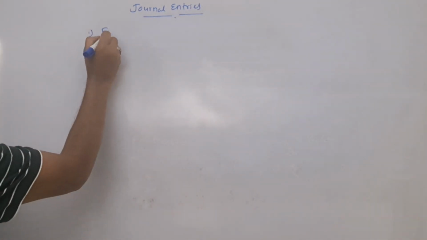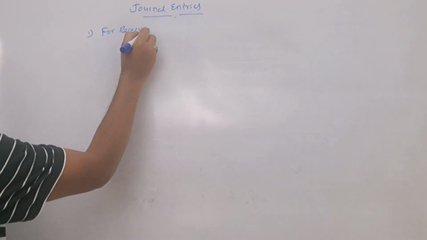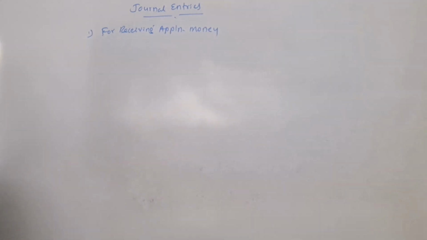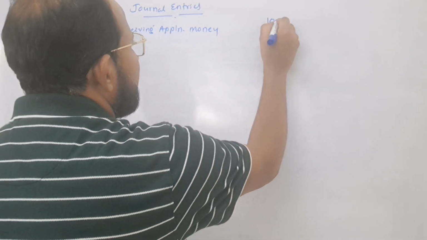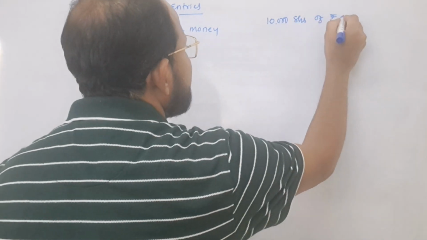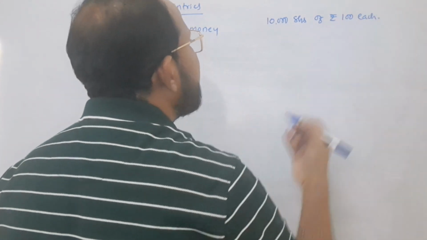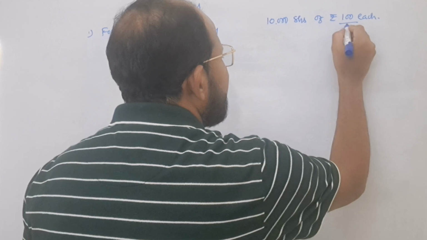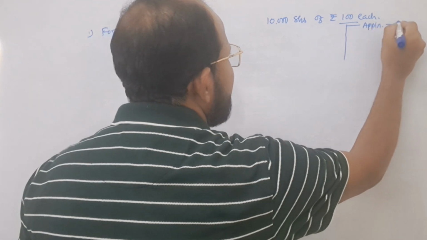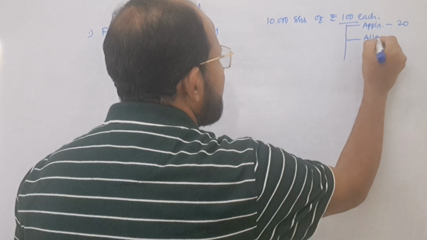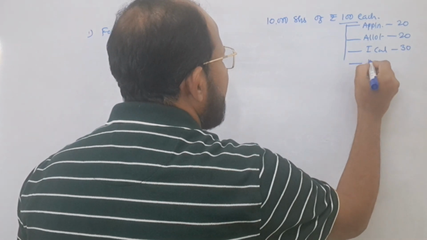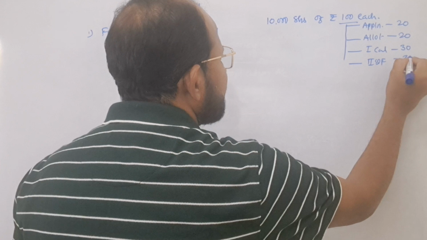First one is for receiving application money. Assume the company issued 10,000 shares of rupees 100 each, and this 100 is planned to be collected like this: as application money rupees 20, as allotment money rupees 20, as first call rupees 30, and as second and final call rupees 30.